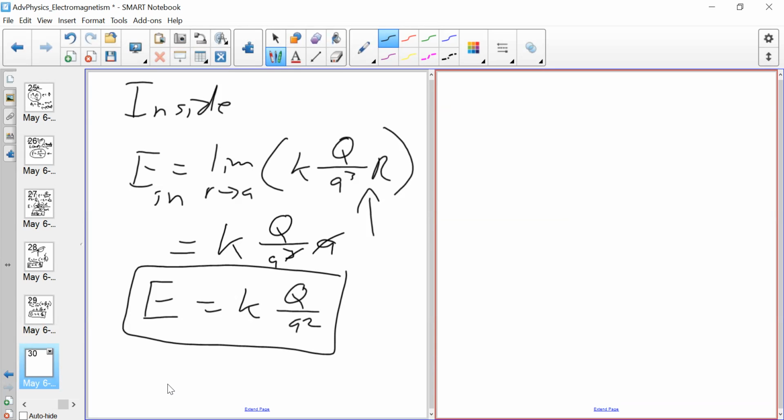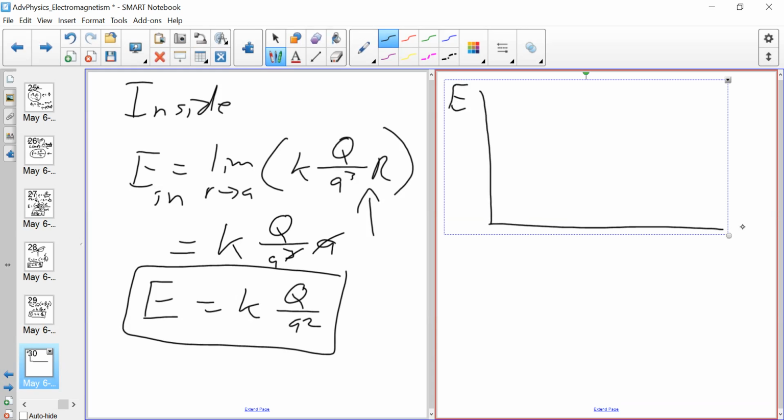So graphically, let's see. We were looking at both cases. So we have electric field versus radius. As we come from the center of the charge, there's basically nothing at the center, right?